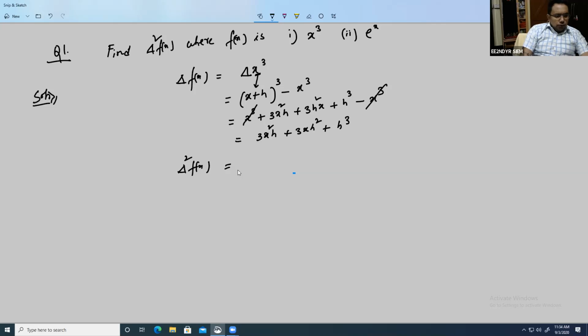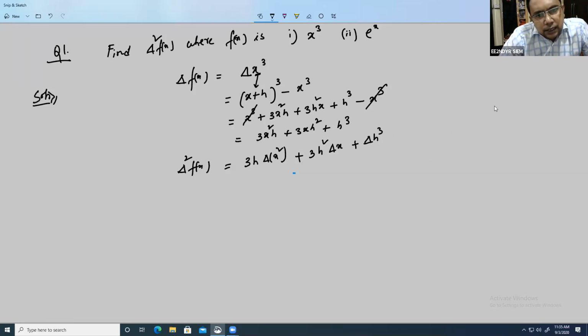So what I will do is calculate del square f of x. Del square f of x equals 3, h is constant. So del of x square plus 3h square del of x plus del h cube.